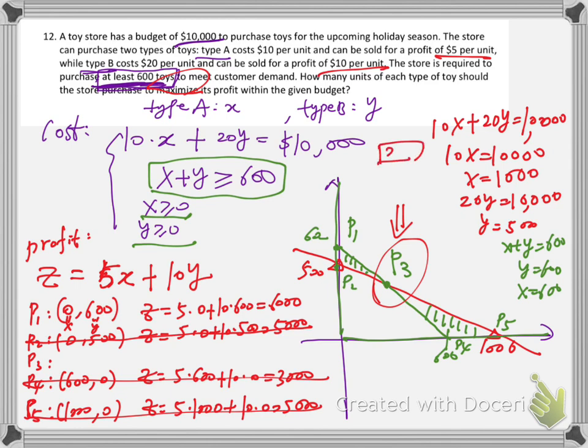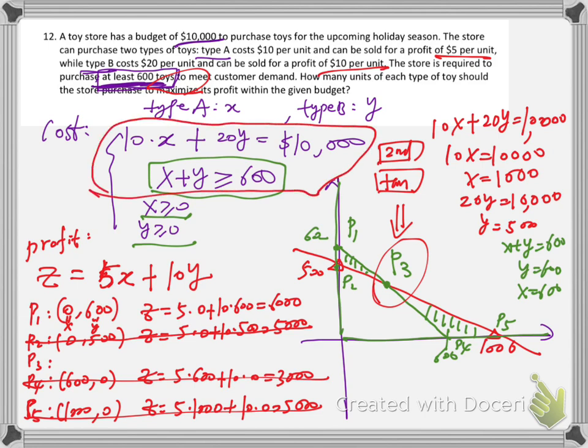Then you got a system of linear equations, and then you put these two equations in the calculator, and then click solve. You will get the coordinates, the value for P3. So P3 is 200 and 400. Use calculator.